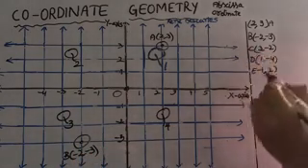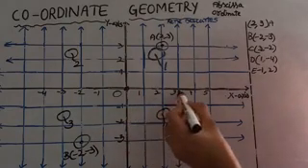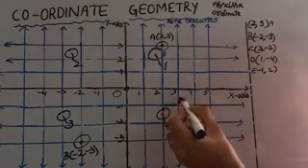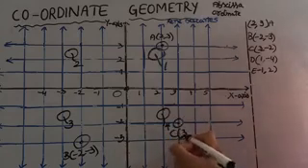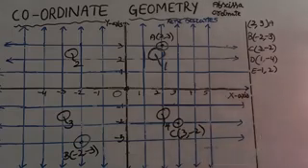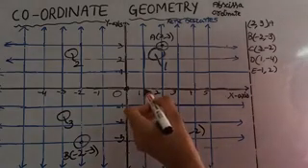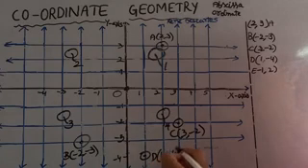And then C (3, -2). 3 should be taken on the x-axis: 1, 2, 3. -2. This is C (3, -2). D (1, -4). 1 here and -4. 1, -4 should be like this.